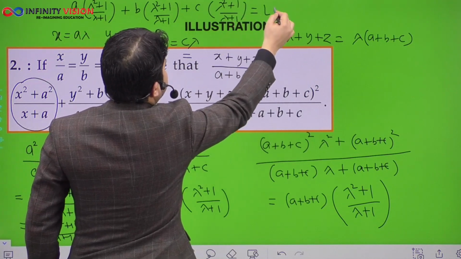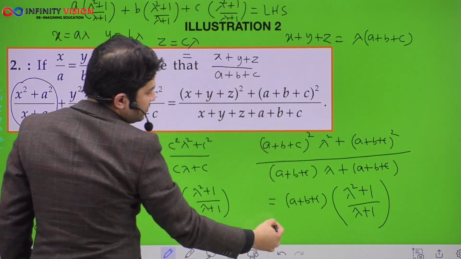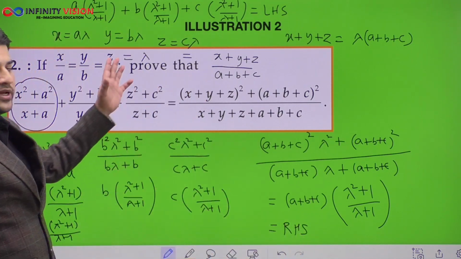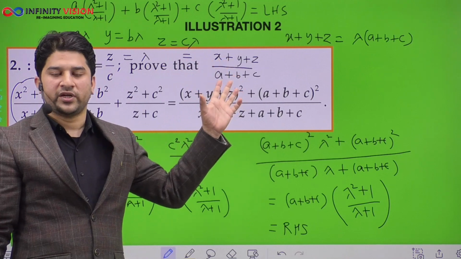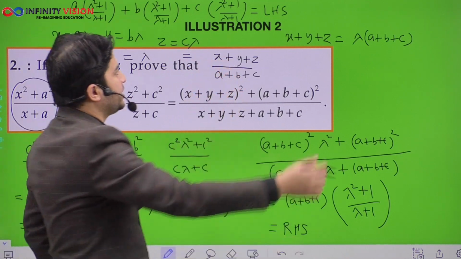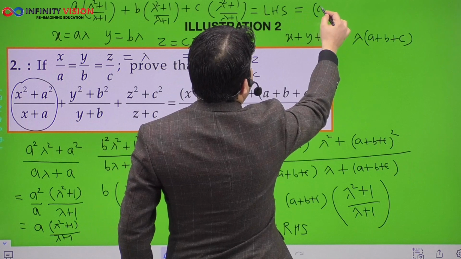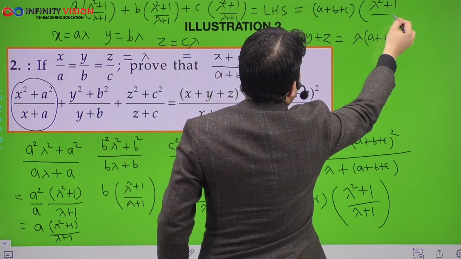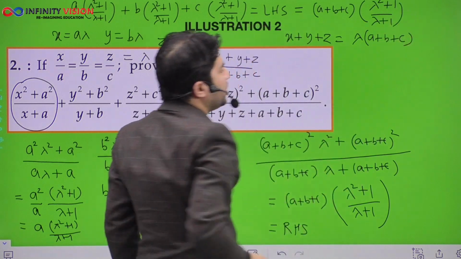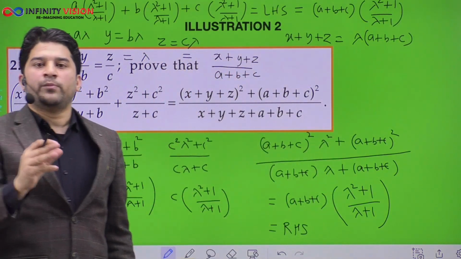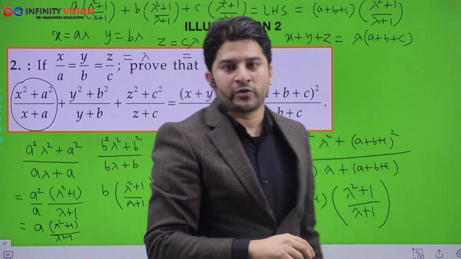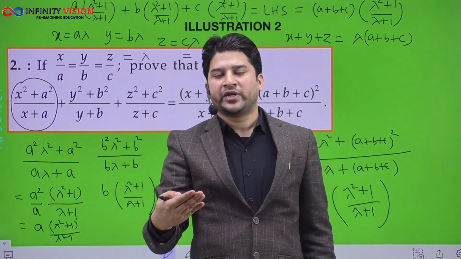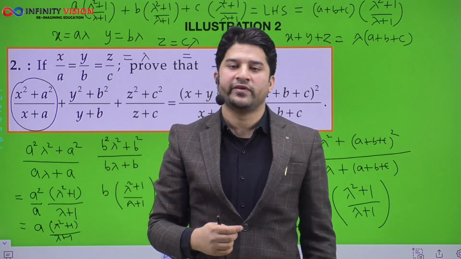This is your left hand side and this is your right hand side, and you can say that both are equal because (lambda square plus 1) upon (lambda plus 1) would be common and it would be written as (a plus b plus c) into (lambda square plus 1) upon (lambda plus 1). So now the question looked a little complex, but the symmetry of the question was very amazing. It was very symmetrical, so we were able to solve it in a very confident way.